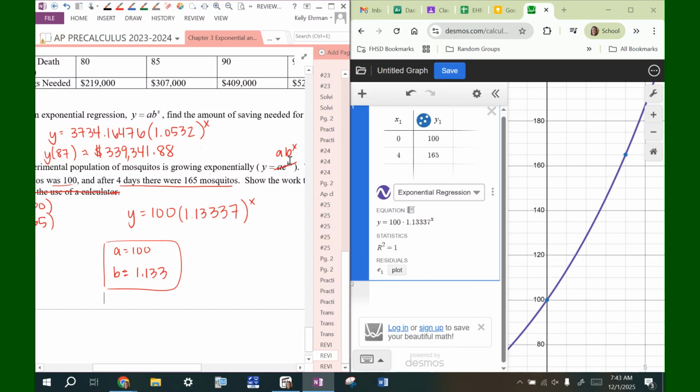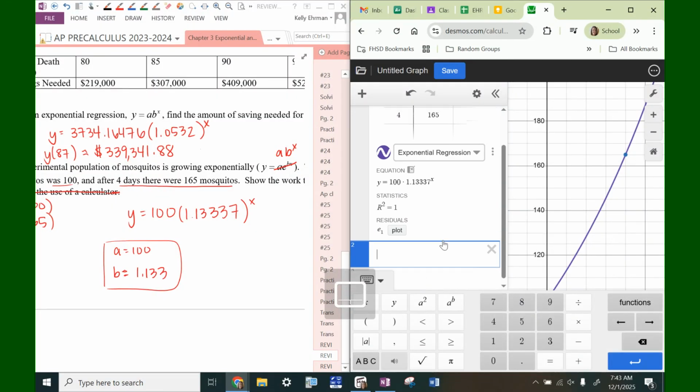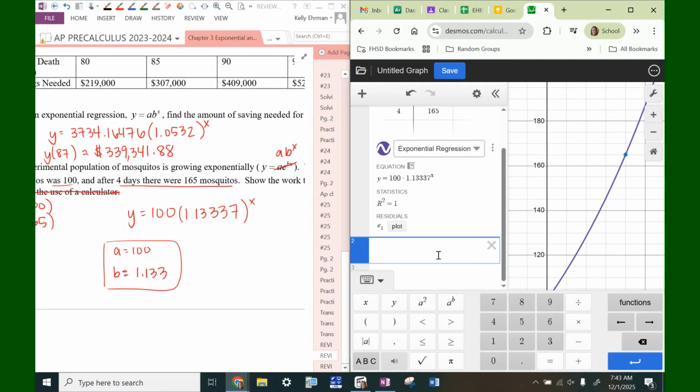What if I did have to make it a times e to the bx? You are allowed to write an equation for your regression: y1, instead of equals, use this tilde, which is shift and the little wavy symbol to the left of the 1, is equal to a times e to the bx.